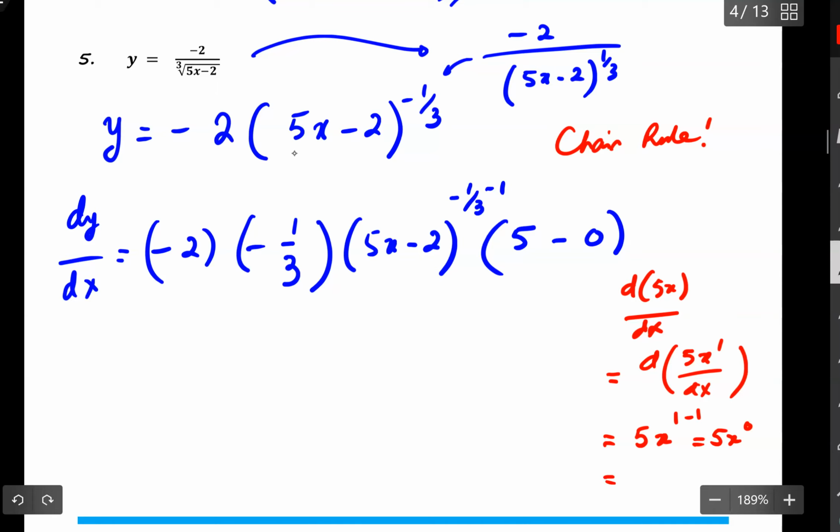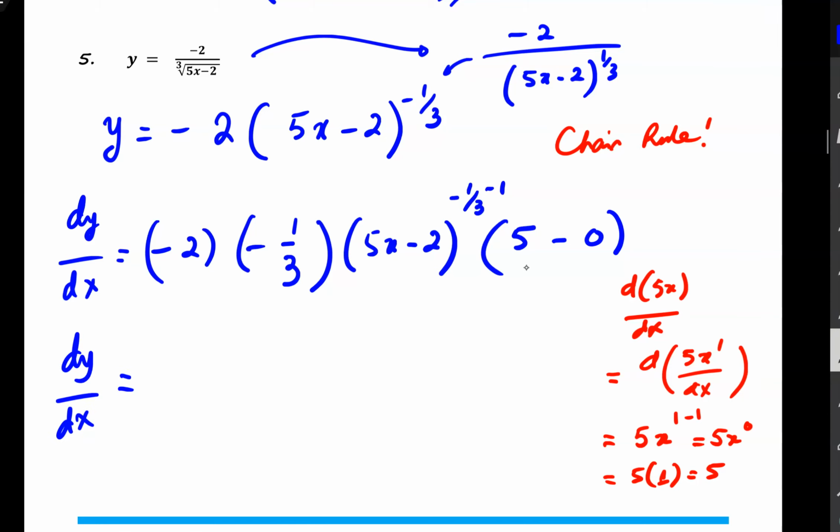Anything to the exponent 0 is 1. So in this case, you just have 5. Or you can think of it like this: 5x minus 2 is a straight line. So what is the slope of this line? It's just 5. So the derivative of this line is actually equal to 5 here, right? To get the slope.